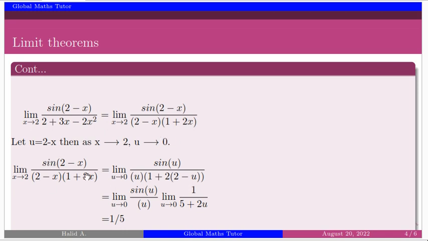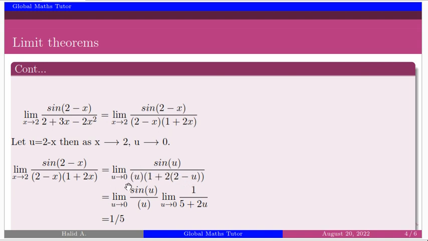So finding this limit as x approaches 2 is the same as substituting 2 minus x by u and making u approach 0. So it will be sine u over u, and 1 plus 2 times x, where x will be 2 minus u, so 2 minus u.